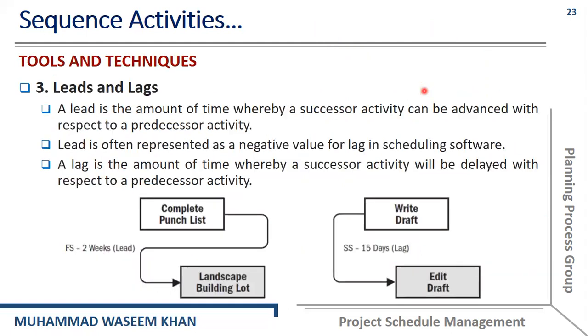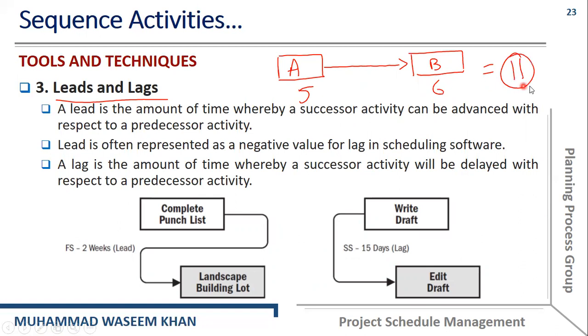Then the third and another important tools are lead and lags. So what is a lead or lag? I would like to discuss it with you with an example. For example, we have two activities, activity A and activity B. Activity A takes, for example, 5 days to be completed, and activity B needs 6 days for its completion.